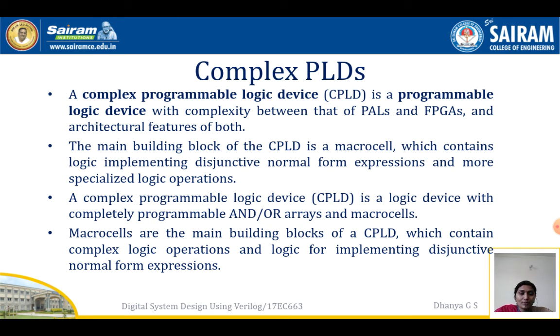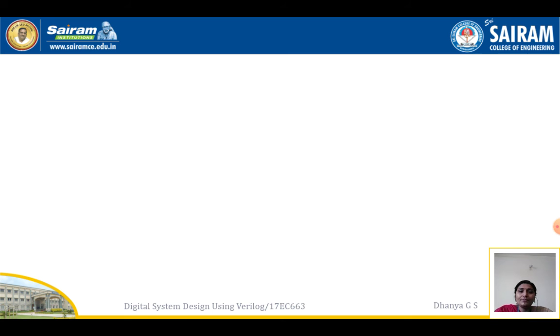A complex programmable logic device is a logic device with completely programmable AND-OR arrays and macro cells. Macro cells are the main building blocks of a CPLD, which contain complex logic operations and logic for implementing disjunctive normal form of expressions.